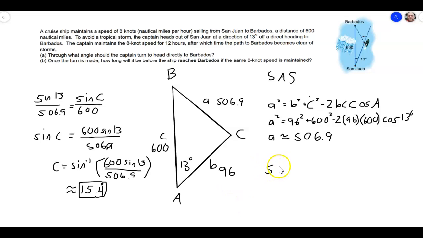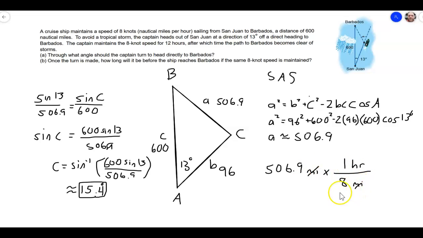So if I went 506.9 miles, and I can say that's times, and my speed is 8 miles for every 1 hour, right? So I'll put the 8 miles down here, miles every 1 hour.